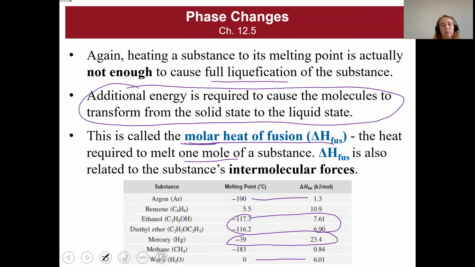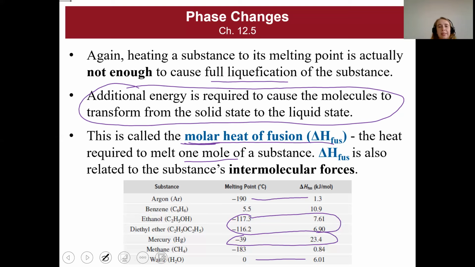and that's because going from solid to liquid is a bit different than going from liquid to gas. So solid to liquid, they're still pretty close together. So we don't need as much energy to separate them as we did with delta H of vaporization.